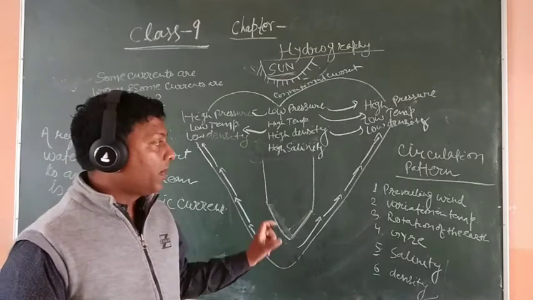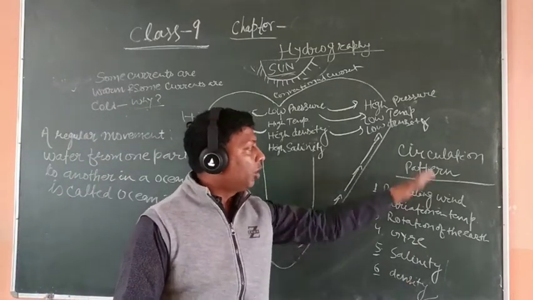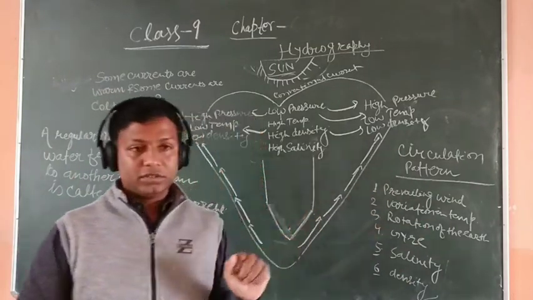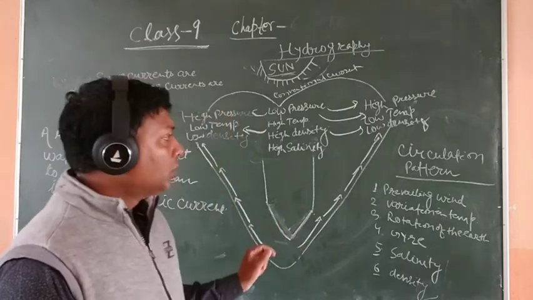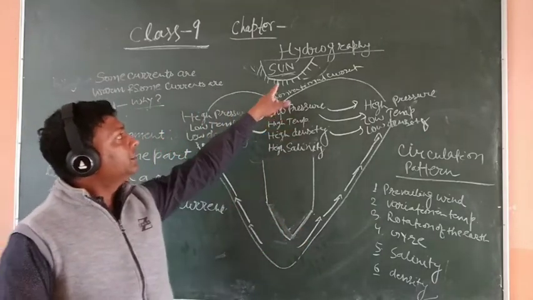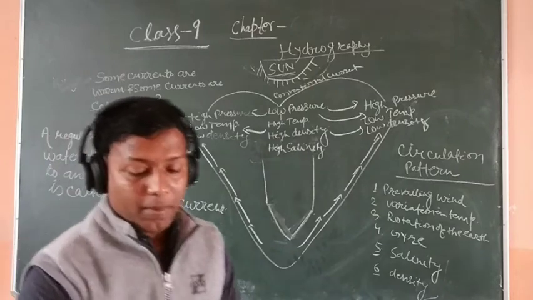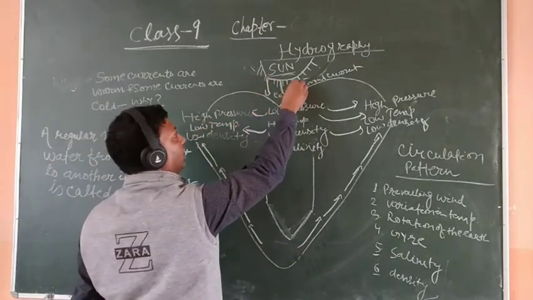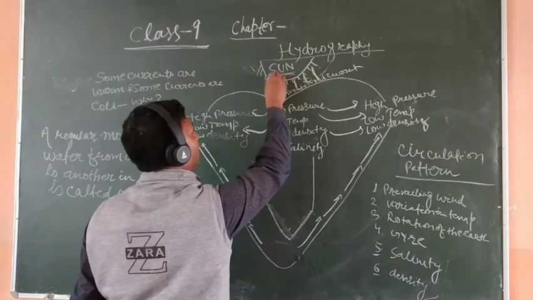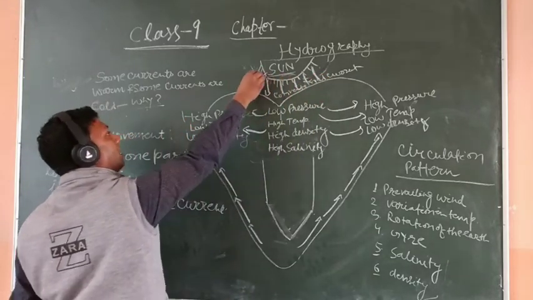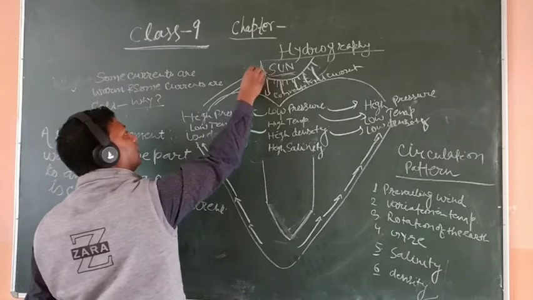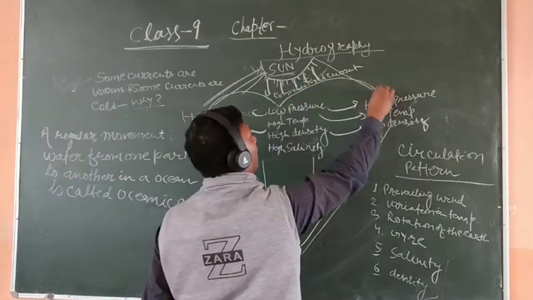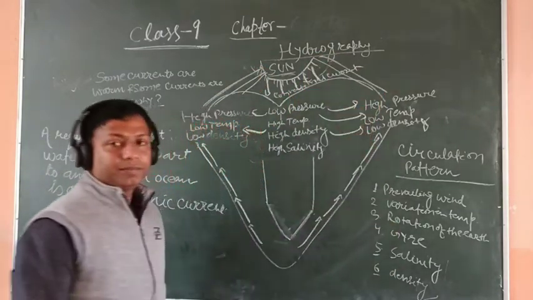Look at this phenomenon. After that, we are going to discuss the circular pattern. This part gets the direct reach of the sun, and from here this is the slant light of the sun.